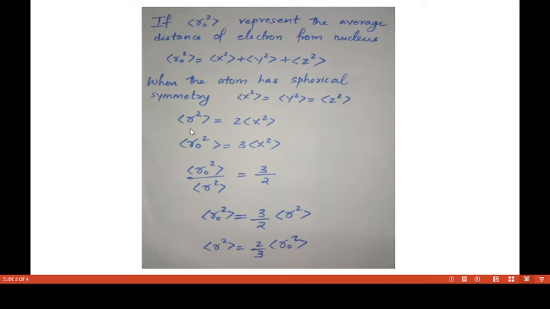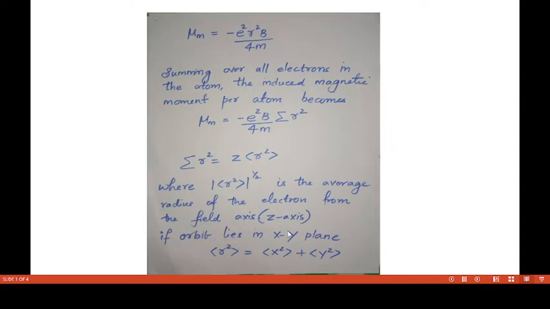Now average of r square can be written as 2 times average of x square, since we have taken average of x square equal to average of y square, considering it to be symmetrical.